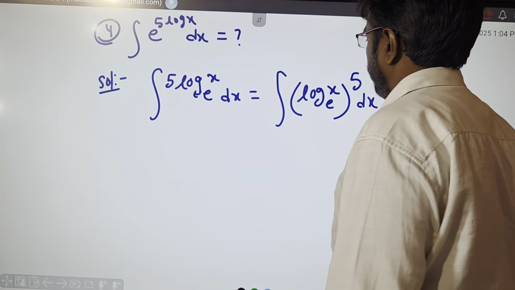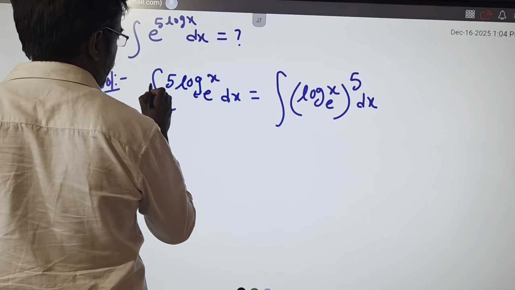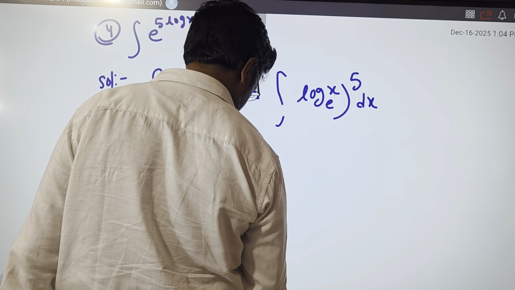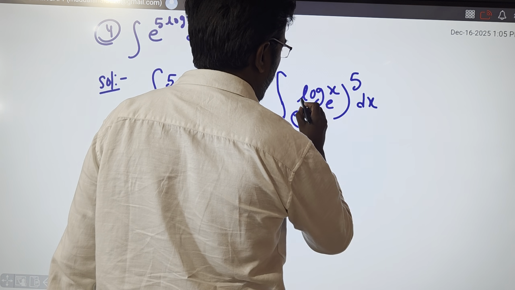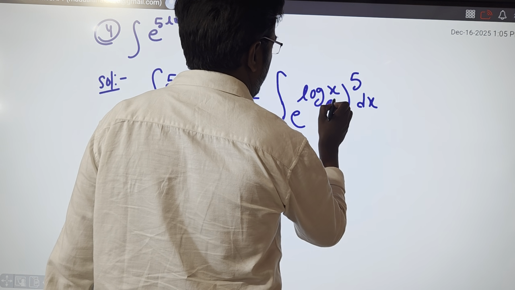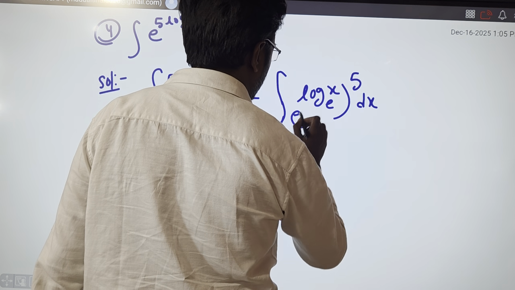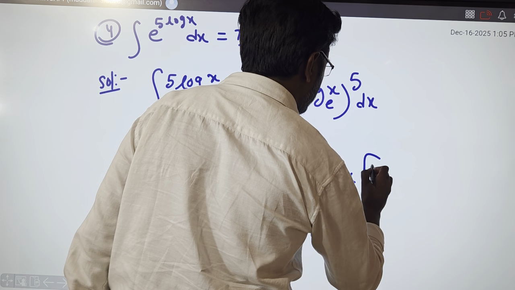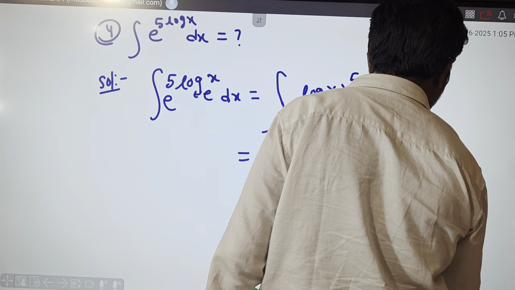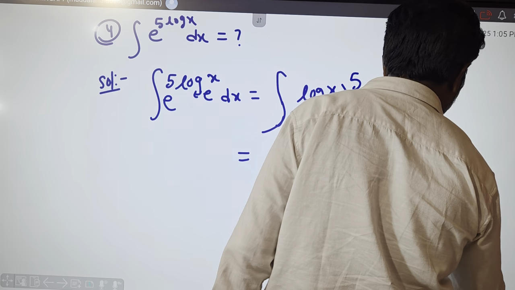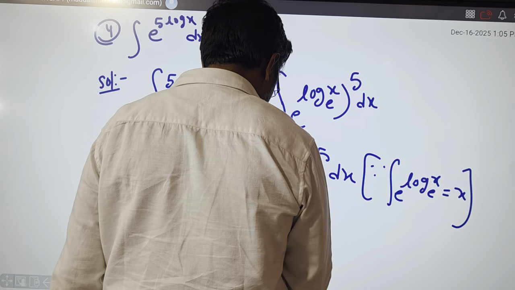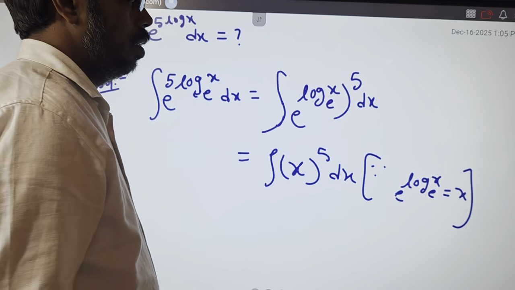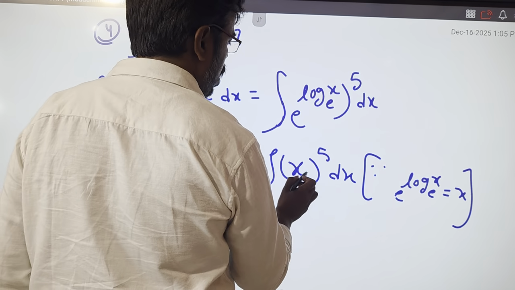Then e power log x to the base e, the e power and the log get cancelled, since the basic property of the logarithmic function is e power log x to the base e equals x. So from this we get x whole power 5.